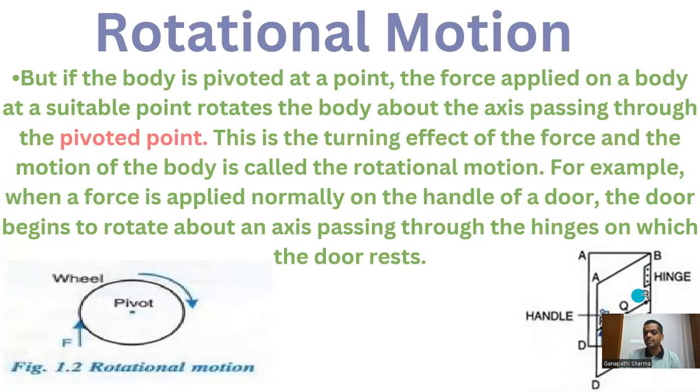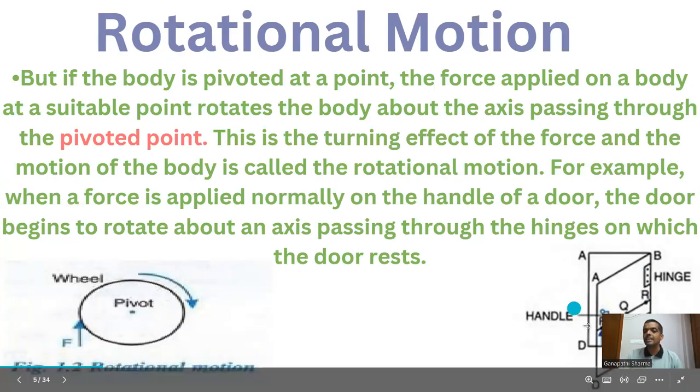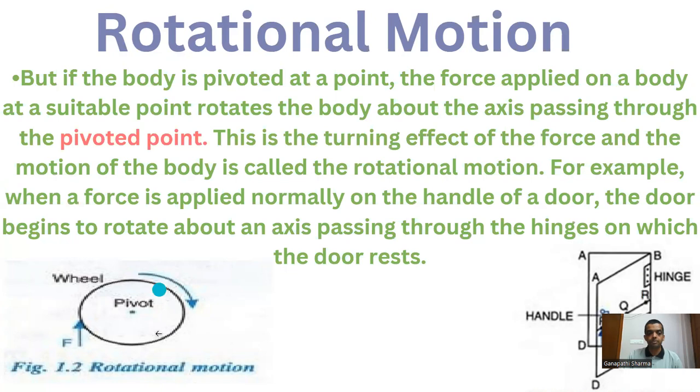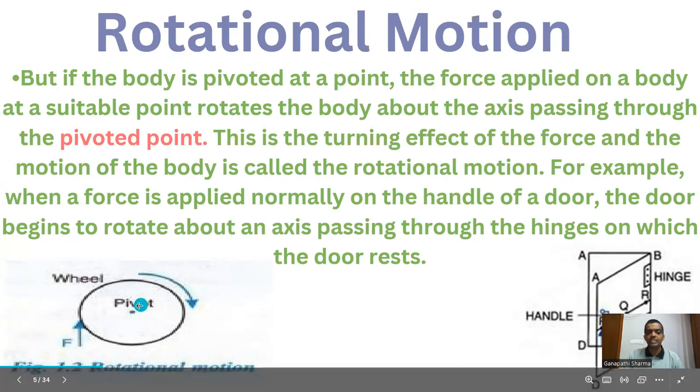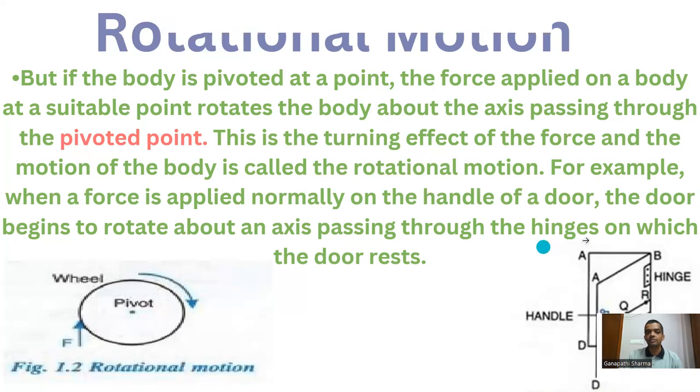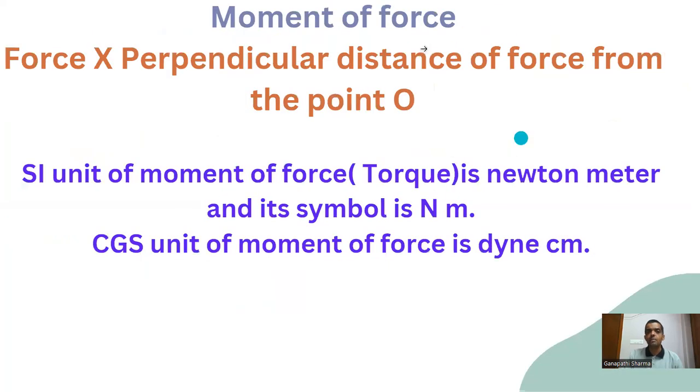The longer the distance, the easier it is to move. If a force is applied on a rigid body which has an axis to rotate, it produces a rotational effect, which is called the moment of force. It depends on force into perpendicular distance from the point O.